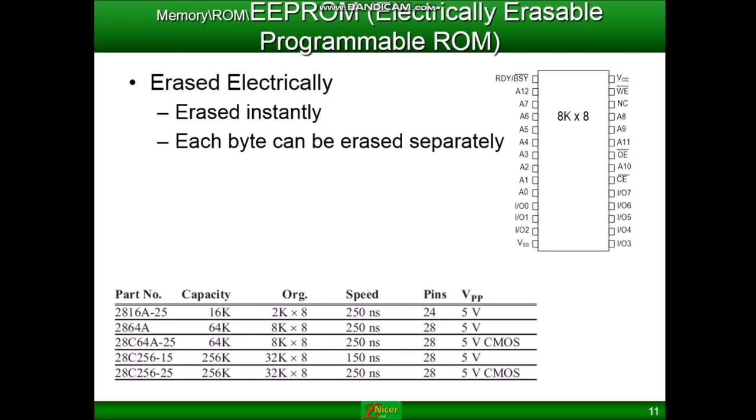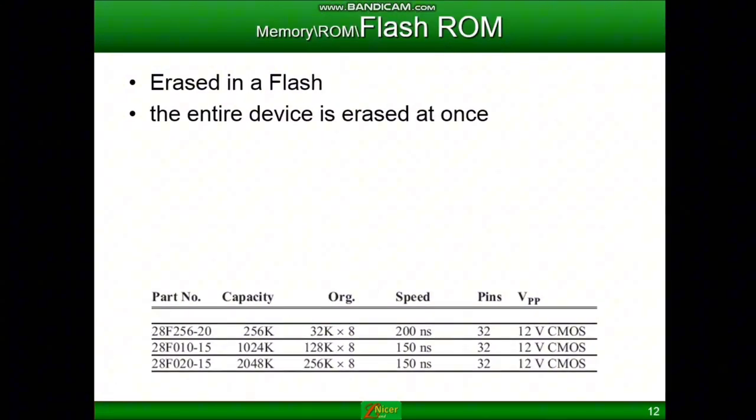We can easily remove the data within it using the program that we have. In this we have to erase the data separately. Every byte needs to be erased separately. We cannot erase it in an instant, and the table below gives all the specifications: part number, capacity, organization, speed, pins, and VPP. Then comes flash ROM.